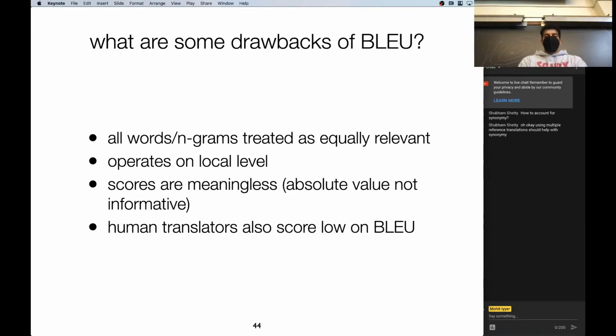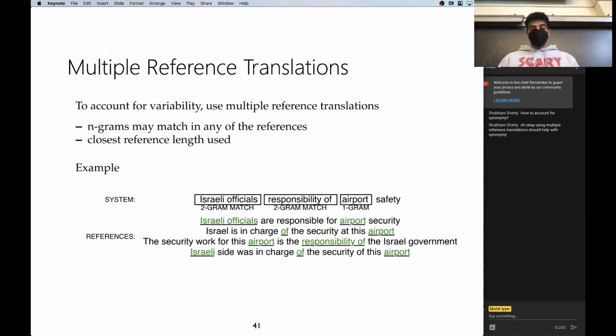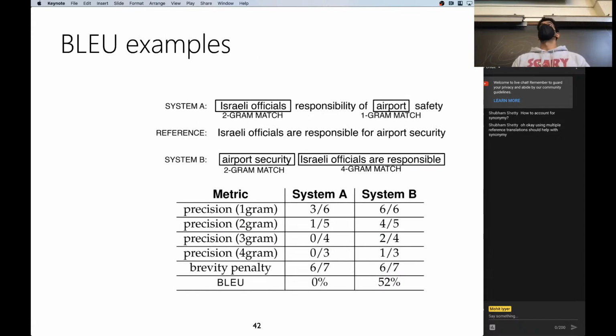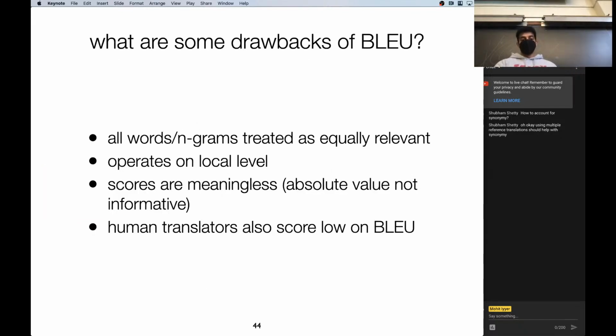All right, so some of the drawbacks of BLEU. Of course, one is that all words and phrases are treated as equally important in this computation, right? So if we go back here, Israeli officials and responsibility of are treated as equally important, although possibly we might want the first one to be more important than the second one.